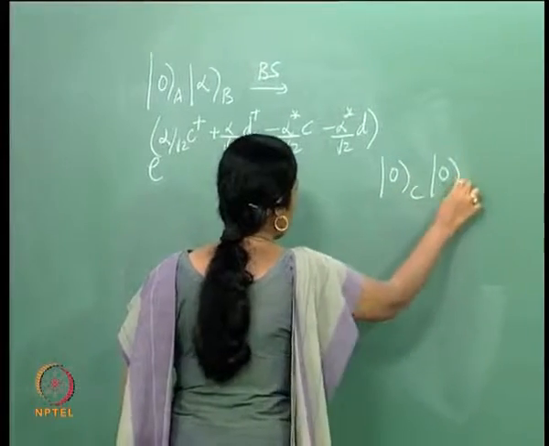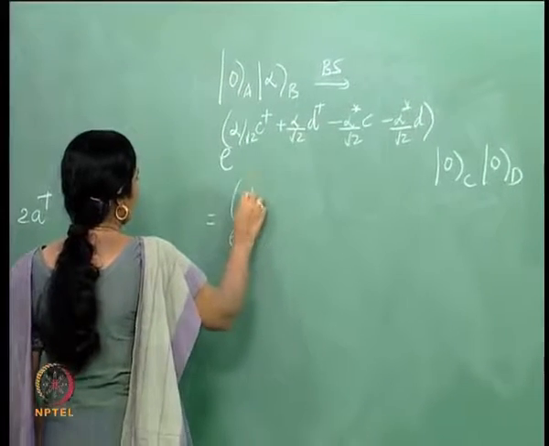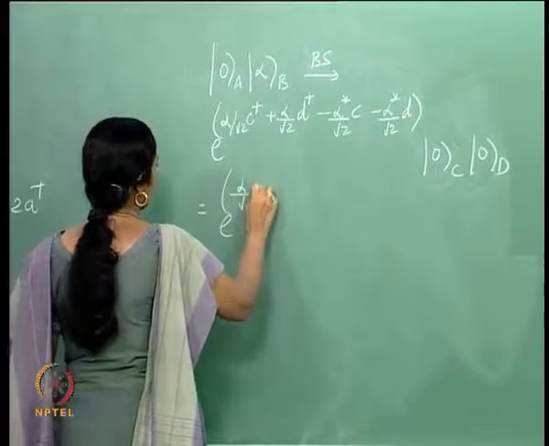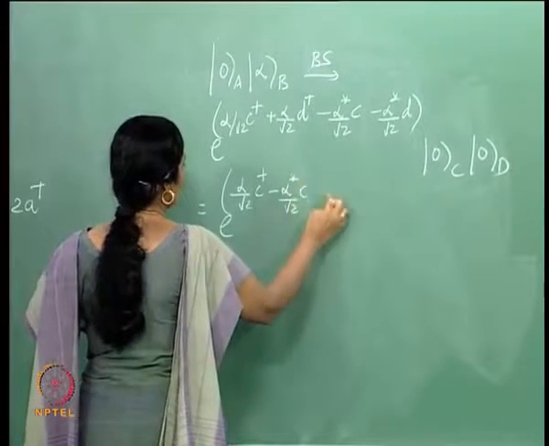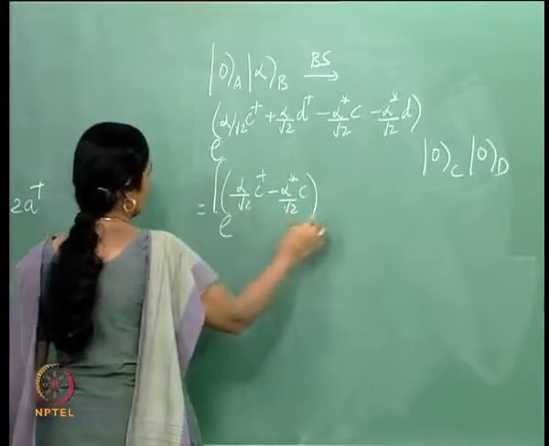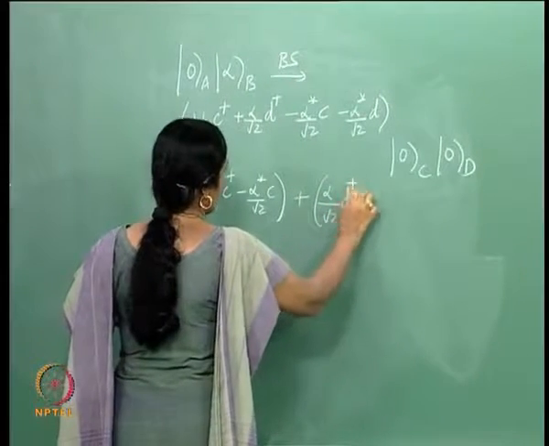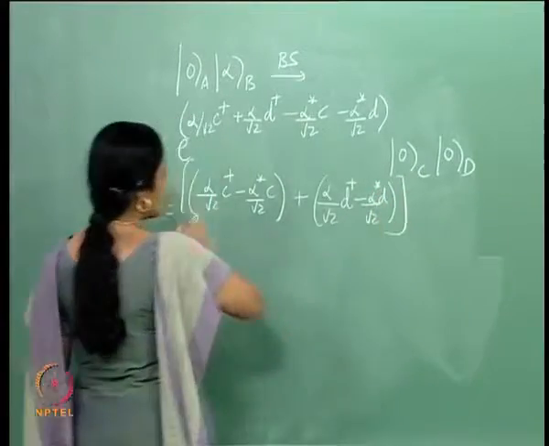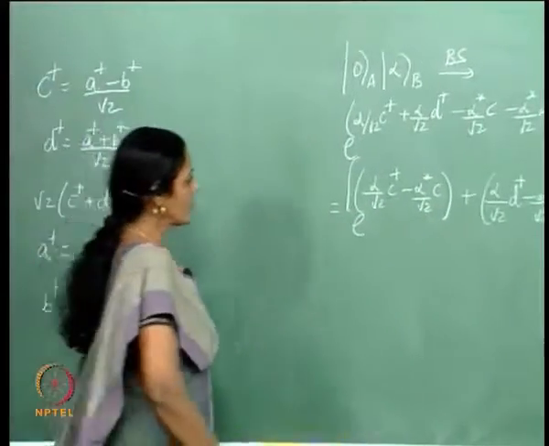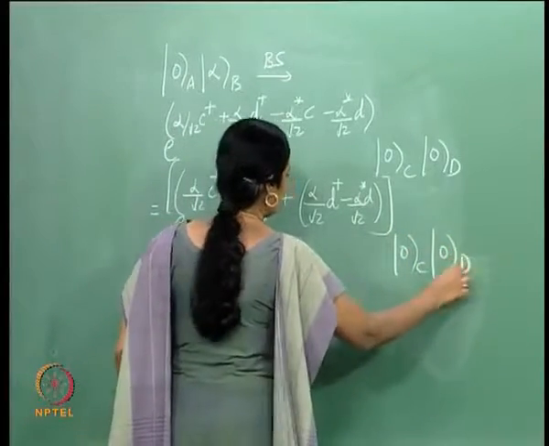Acting on |0⟩_C |0⟩_D, I can combine terms in the exponent and write this as e to the power of (α c†/√2 − α* c/√2), that is the first term, plus (α d†/√2 − α* d/√2), that is the rest of the terms in the exponential.